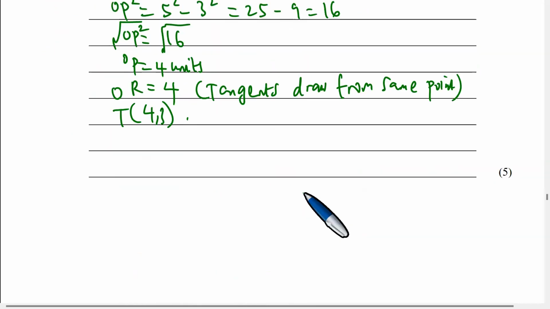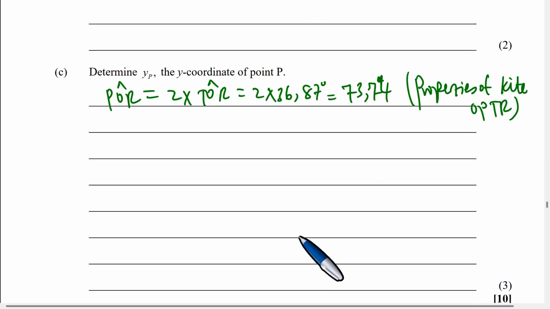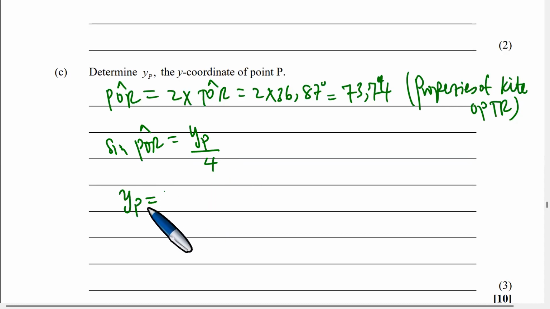We continue. So we realized that we can find the sine of POR, which is opposite YP over hypotenuse, which means YP is the sine of that.